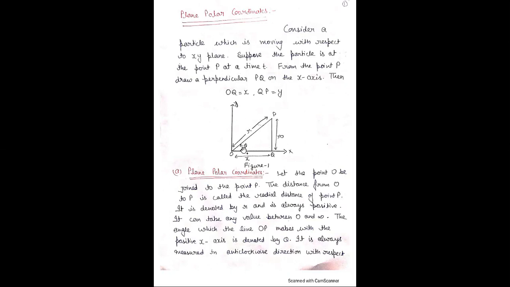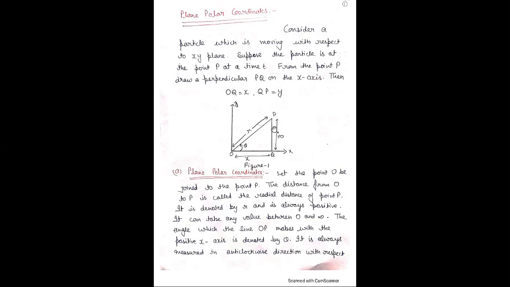The first being the length of the straight line connecting the point to the origin, and the second the angle theta made by this line OP with a fixed line, that is OX, which is fixed.